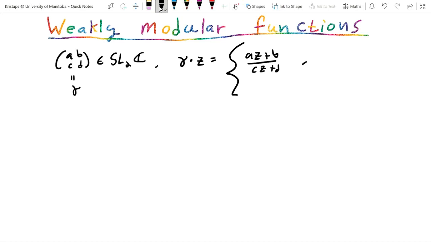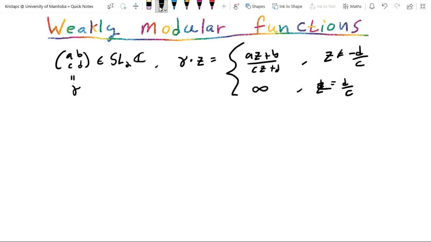Now, of course, this only makes sense if the denominator is non-zero. That is, if z is not equal to -d/c. Otherwise, if the denominator is 0, this expression won't be defined, but if we imagine taking the limit as the denominator tends towards 0, the expression should increase towards infinity, so we'll just define this to be infinity in this case.